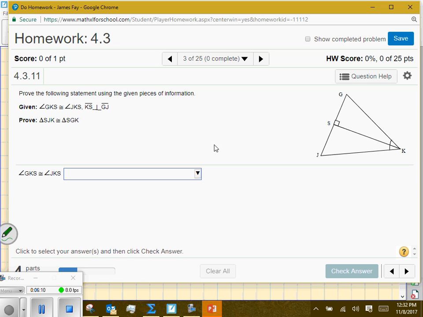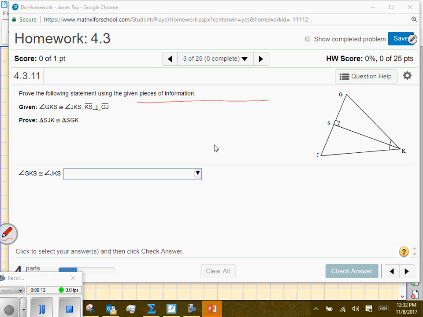If we're going to go through just a 2-column proof of this, obviously the first thing would be the given, right? I'm not going to take the time to write all that stuff out. That would be your given. The next thing you would write is, off of this perpendicular information, what types of things?